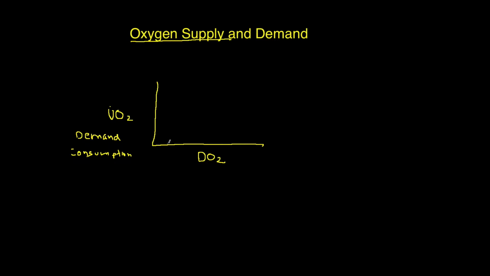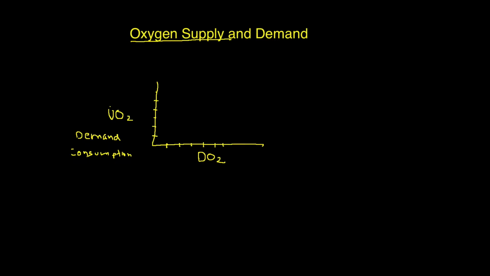The units are the same, so we'll put some tick marks here to indicate increments of, say, 250 mils of oxygen per minute, either being consumed or delivered. And why we do this will make sense in a couple seconds.